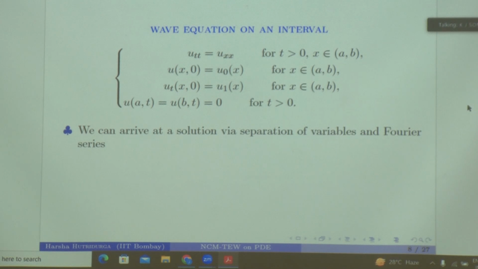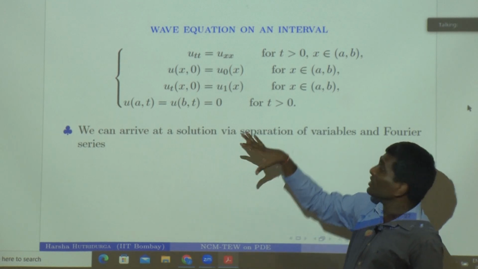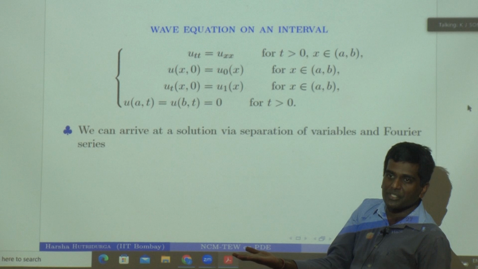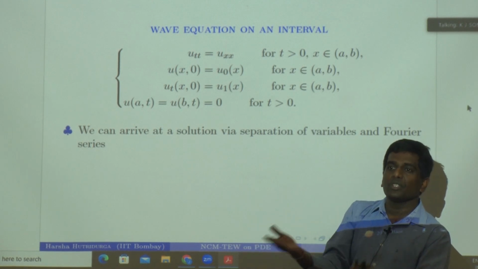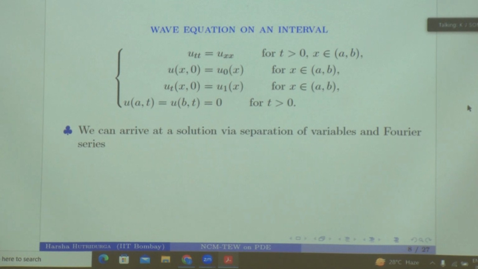This is the trouble with D'Alembert's formula for a boundary value problem, because now x plus ct and x minus ct are sitting outside the interval AB. We do not know the values of u0 and u1 beyond that interval, because this is the given problem. Somebody comes and tells you that this is where I want to solve the wave equation, and only there do I give you the initial conditions. They will not tell us the initial condition beyond that interval, and it's not relevant either.